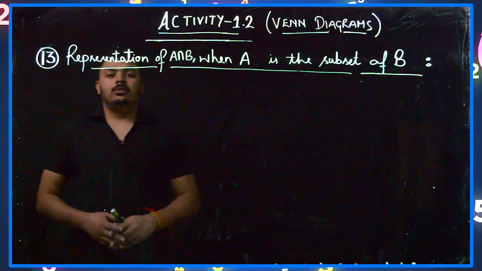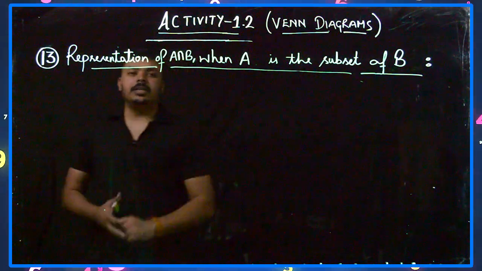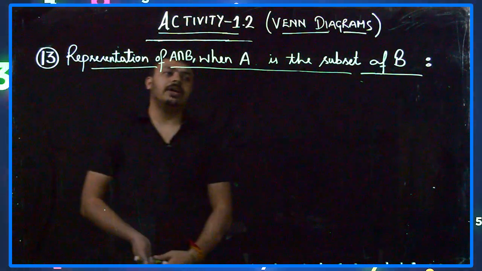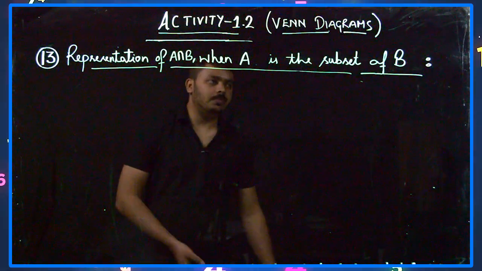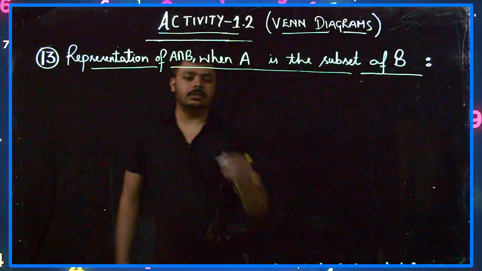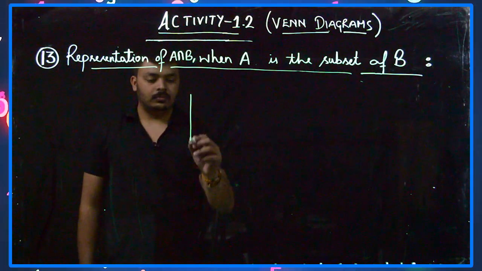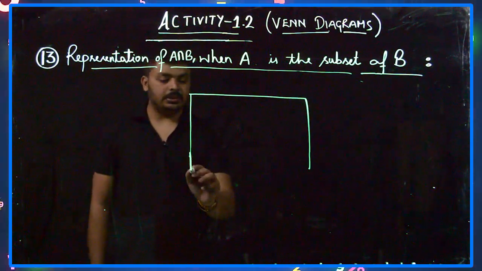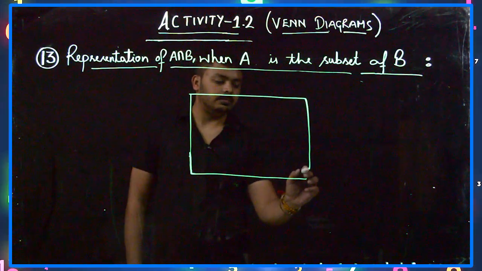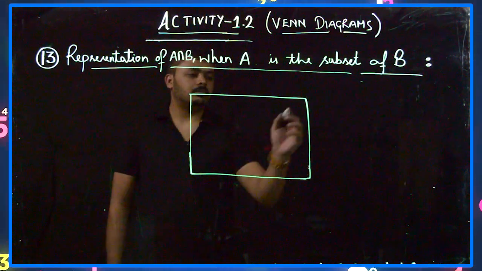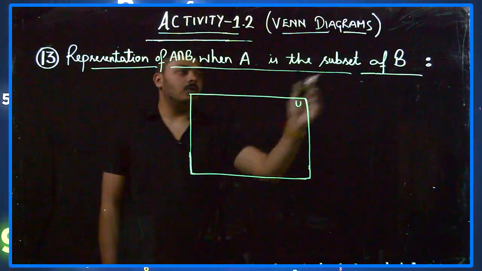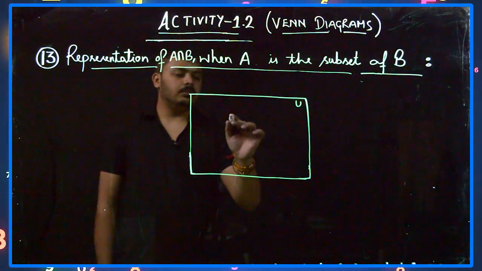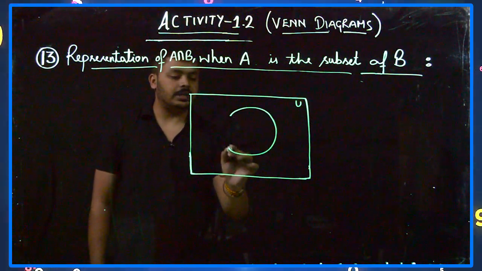So students, now point 13, representation of A intersection B when A is a subset of B. First, let's draw a rectangle representing a universal set. Now, A is a subset of B, so let's draw two concentric circles.